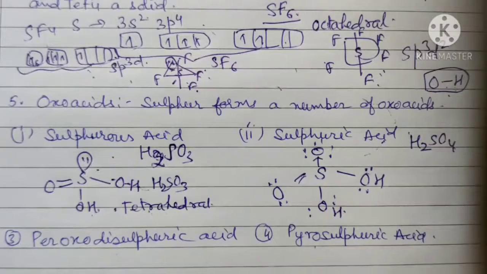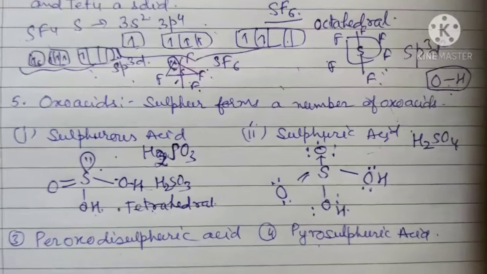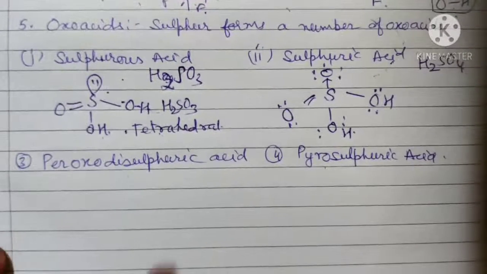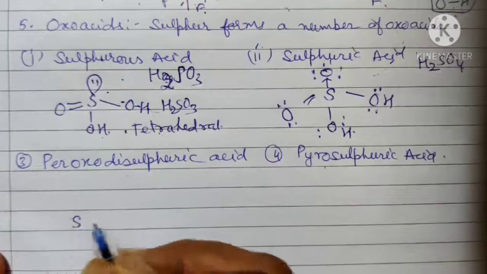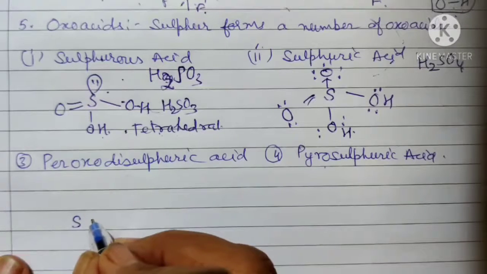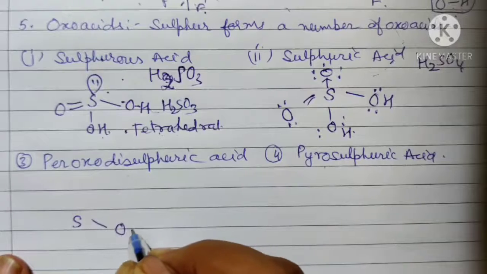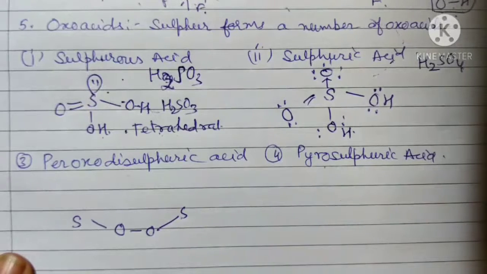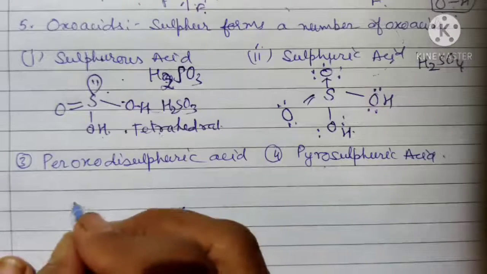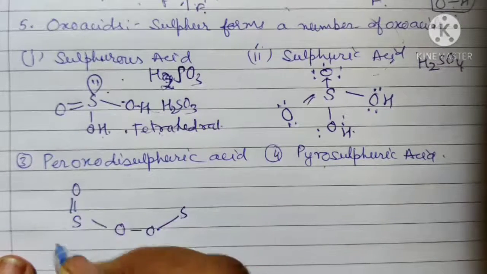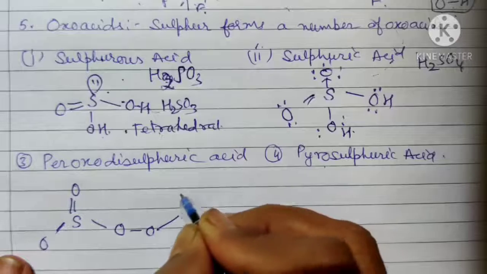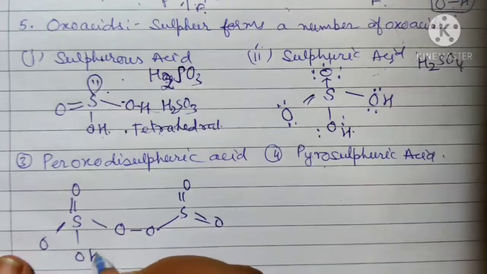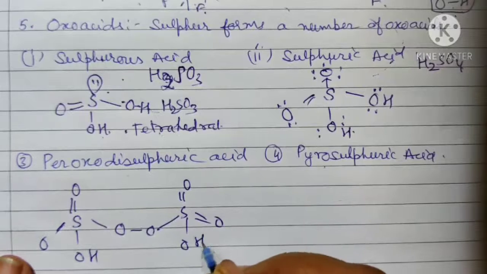Now the next is peroxodisulfuric acid. So we will take 2 molecules of the sulfuric acid, and the peroxo having the peroxide linkage between the sulfurs. And then it is having the same structure like sulfuric acid. This double bond O, double bond O, this double bond O, double bond O. And then we will write OH here and OH here.